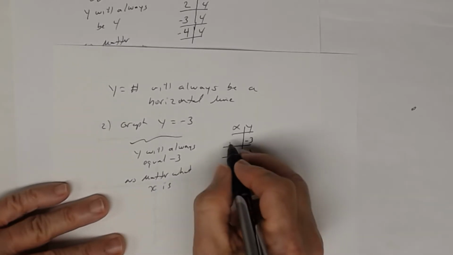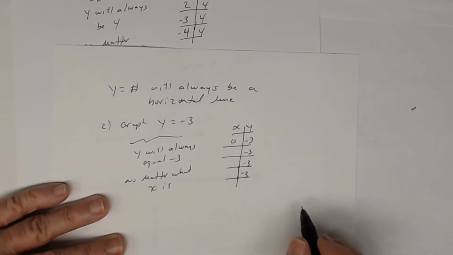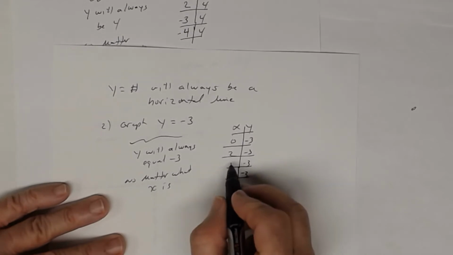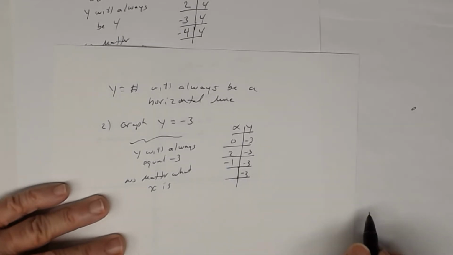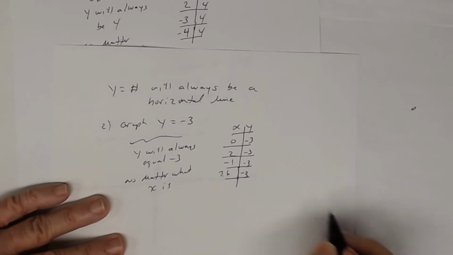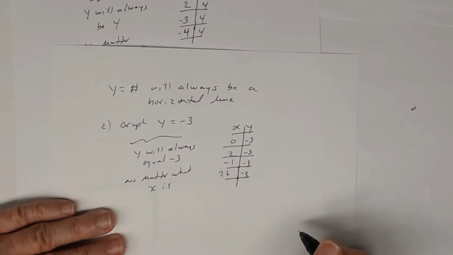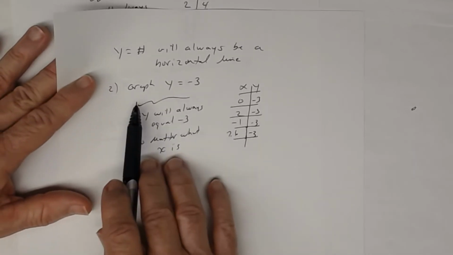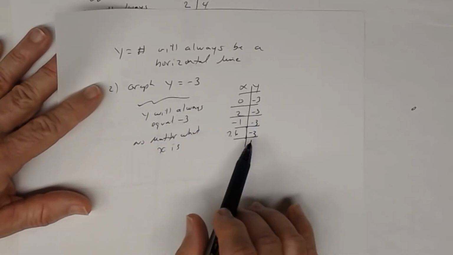So if x is 0, y is negative 3. If x is 2, y is negative 3. That's a solution. If x is negative 1, y is negative 3. That's also a solution. If x is 7.6, y is negative 3. That's also a solution. All right? And so for the graph of y equals negative 3, you're going to plot those points.